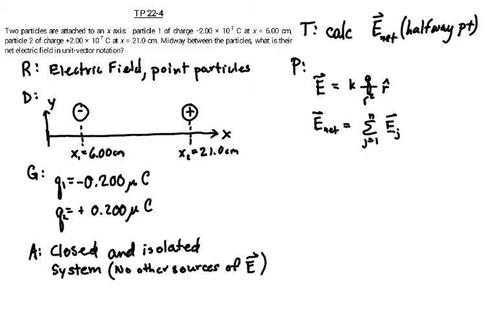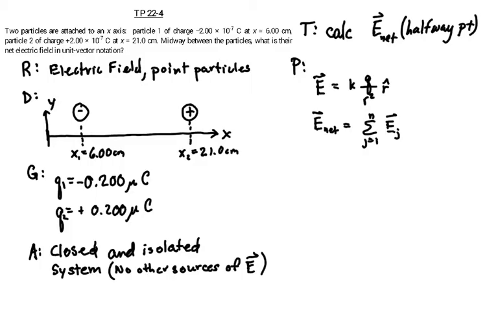Alright, now we do have two electric fields, one from particle 1 and another electric field from particle 2. In order to find the net electric field, we have to add up our electric fields. And so that's what I have listed here. The net electric field is the sum of the electric fields in the system. And in this case, N is equal to 2 because we only have two particles.